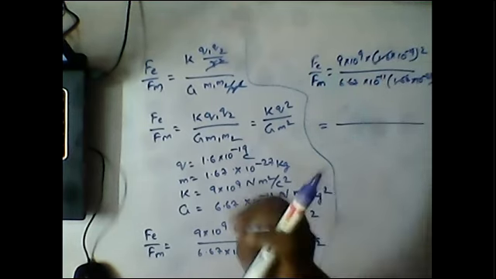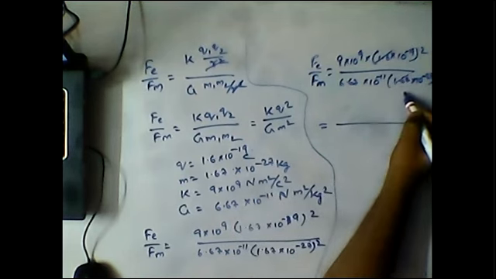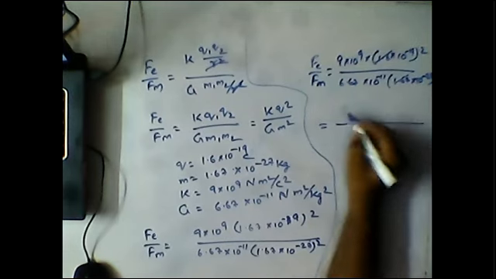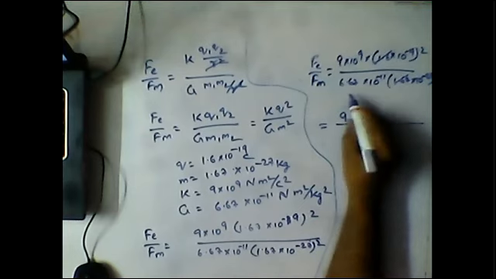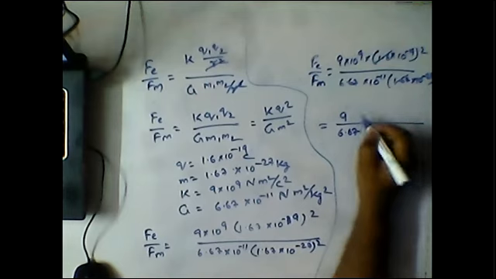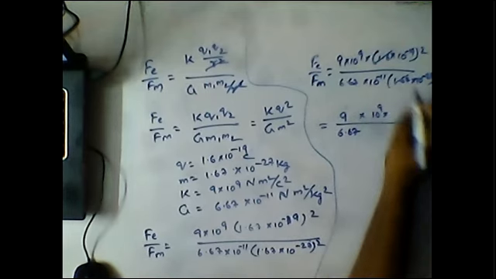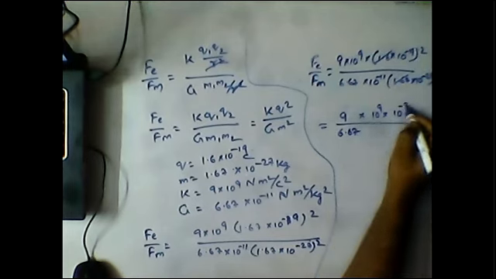Hardly a few values change, that's not at all going to be an issue. 1.6 is going to cancel, and what we are left with is 9 here, and down is 6.67. Now we can write 10 power 9 here, and 10 power minus 19 squared means 10 power minus 38.